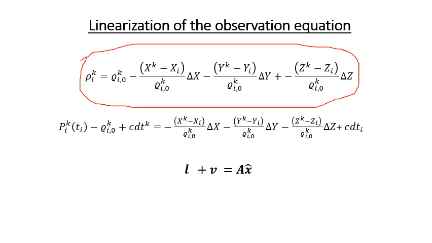If we put this geometric distance into our equation, the unknown parameters will be left at the right hand side, and the known parameters will be brought to the left hand side. Then we can build our functional model.